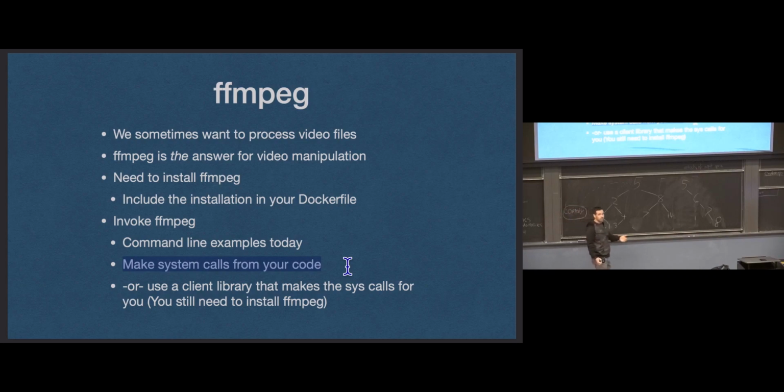So in Python, you would invoke FFmpeg and call it as though you were typing it into the command line to call the program. So system calls, that's my expected way, but if you find a client library that does what you want it to do and everything works for you, I am allowing that. That's perfectly fine. If you do use a client library, you still have to install FFmpeg, because all that client library is doing is making the system calls for you.